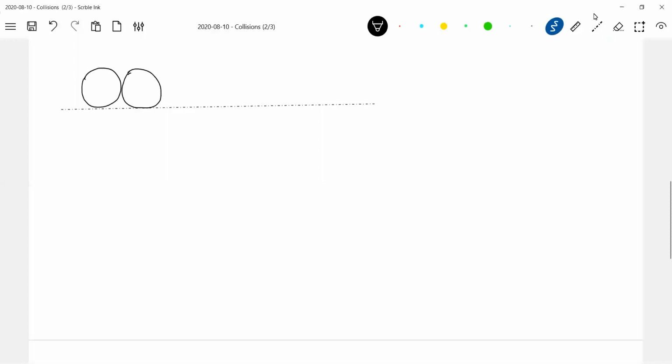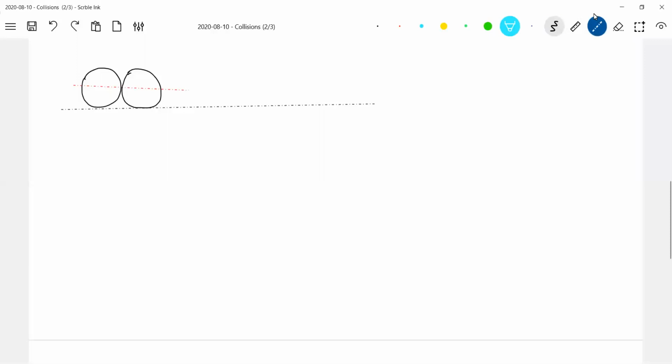Now, when they collide, what is the time for which they'll be in contact? A fraction of time. Suppose you throw a ball against a wall. For what time will the ball be in contact? For a fraction of time. So what we define is a quantity called the common normal. I think all of you now know what a common normal is. Common normal, common tangent. So what is the common normal here?